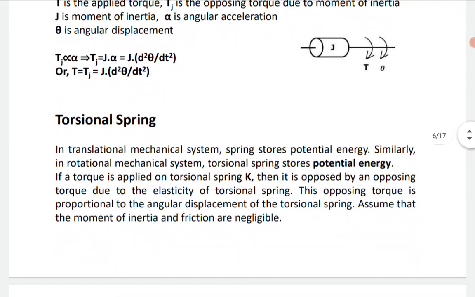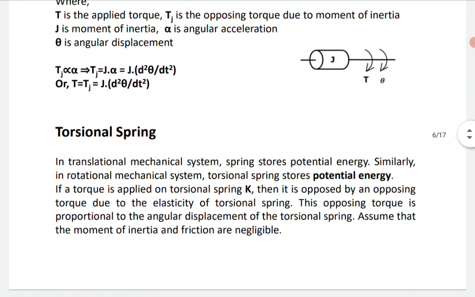Now, torsional spring. In a translational mechanical system, the spring stores potential energy. Similarly, in a rotational mechanical system, the torsional spring also stores potential energy. If a torque is applied on torsional spring K, then it is opposed by an opposing torque due to the elasticity of the torsional spring. This opposing torque is proportional to the angular displacement of the torsional spring. Assume that the moment of inertia and friction are negligible.